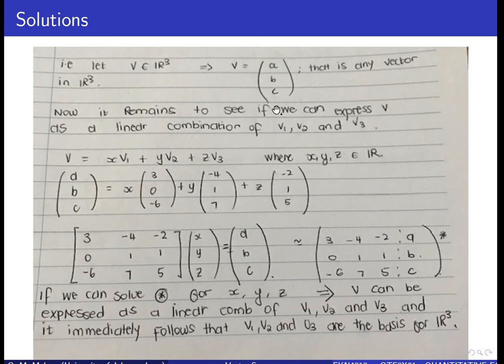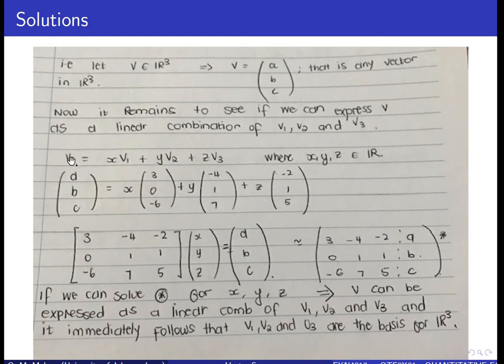It can be A, B, C, or you can use any letters, like D, E, F, but I just take any vector A, B, C, which is any vector in R3. I need to express this vector as a linear combination of my vectors V1, V2, V3.